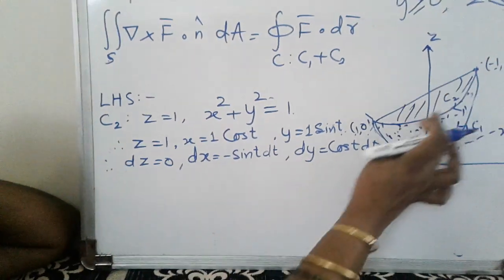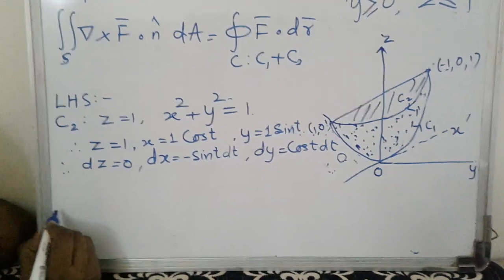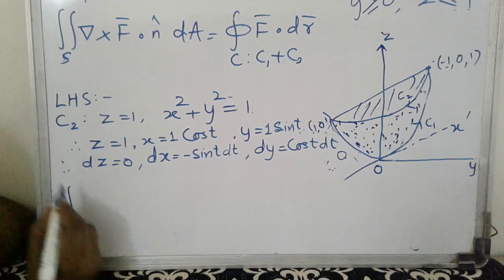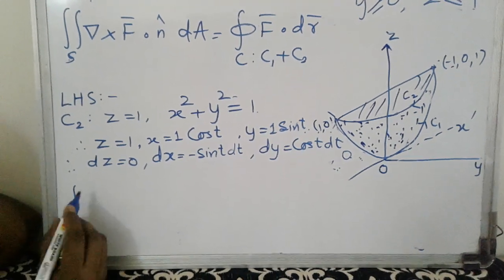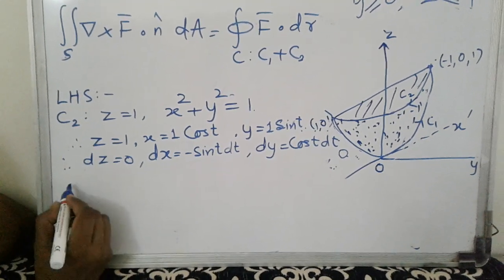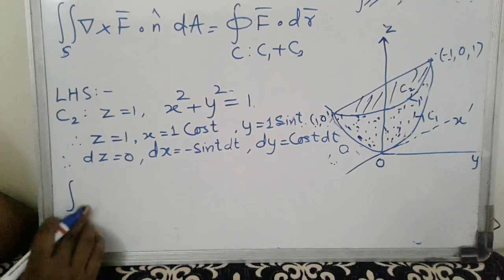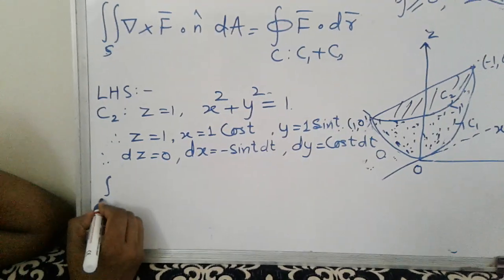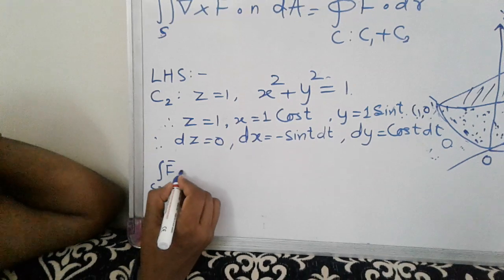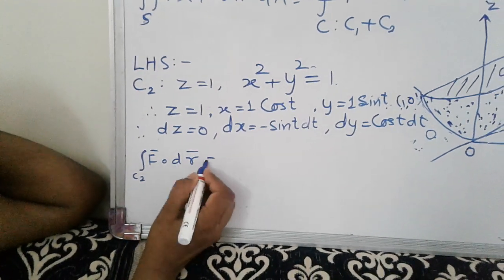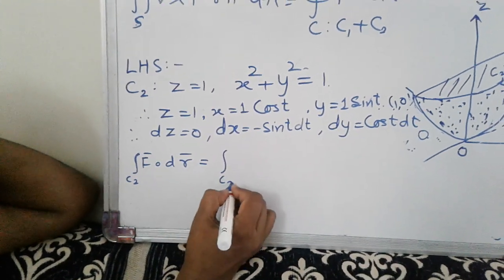Again we see that this is an open curve, therefore you need not write the closed symbol there, and therefore the line integral along the path C2 of f bar dot derivative of r bar is equal to the line integral along the path C2.